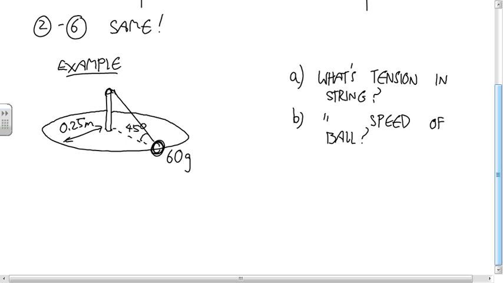So the view we're going to take looks like this. So there's the ball. I'll put the coordinate system here. What's the centripetal acceleration vector? What's its direction? It's from the ball toward the center of the circle, so straight horizontal.